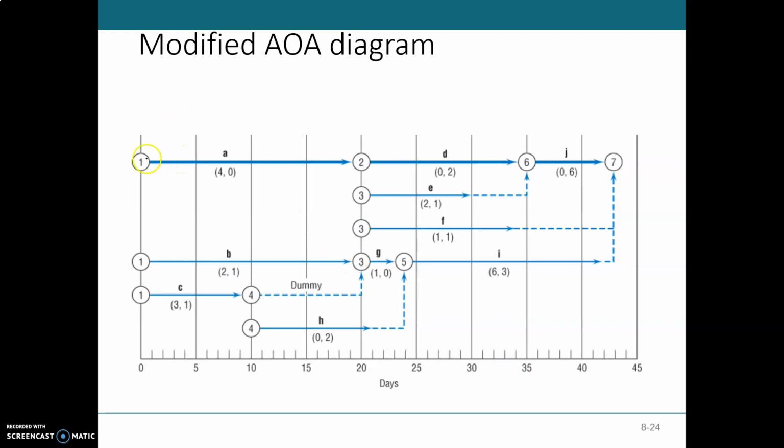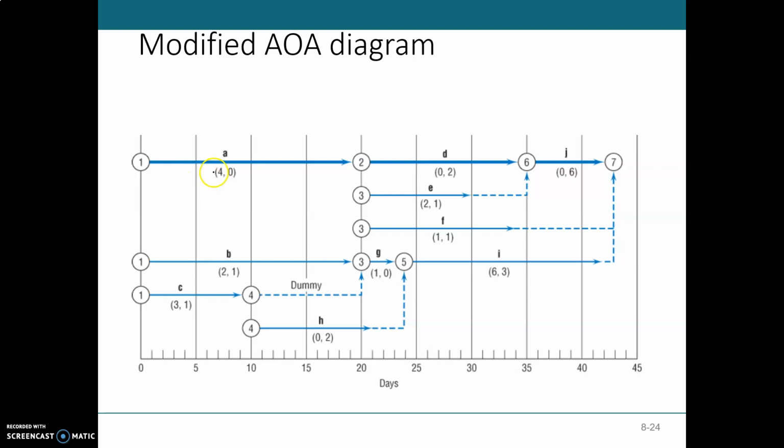So here is another way of drawing this activity on arrow diagram. You can say that it is a modified AOA diagram. In this diagram you can see that activity A is here, B is here, C is here. So the first 10 days are common.